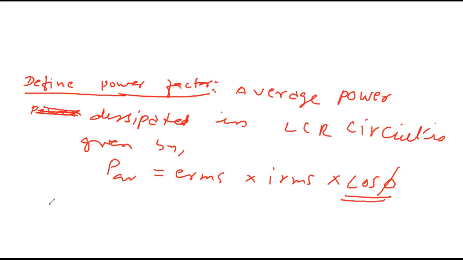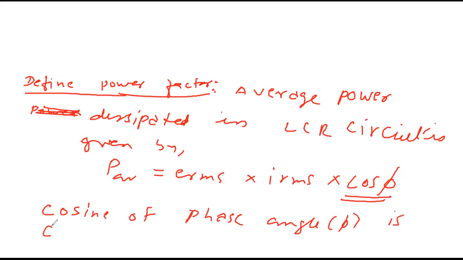So we can say cosine of phase angle phi is called as power factor. This power is also called as true power because it is a combination of all.